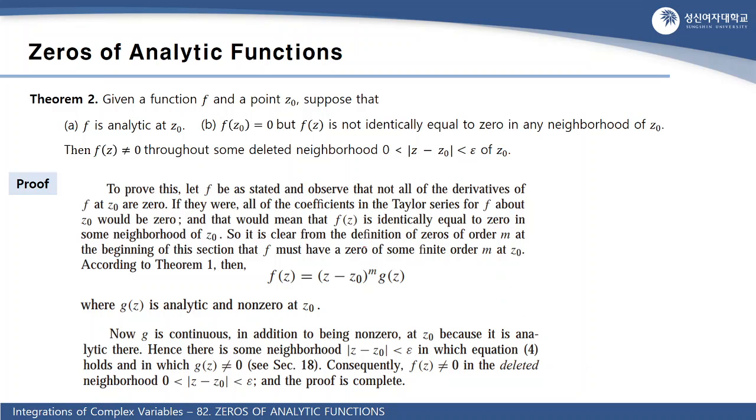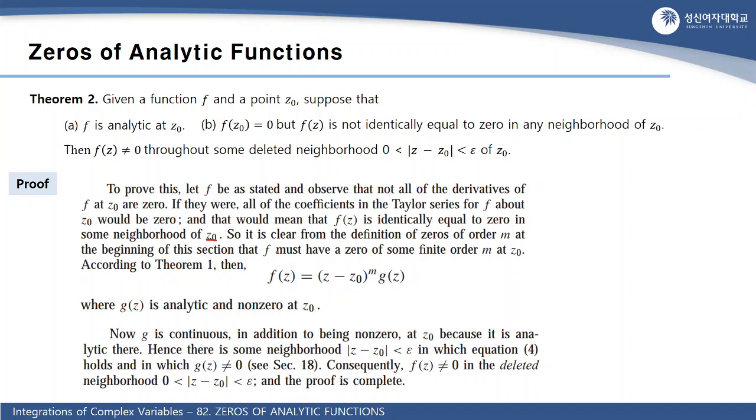To prove this theorem, let's first assume f is as stated and observe that not all of the derivatives of f at z₀ are 0. If they were, all of the coefficients in the Taylor series for f about z₀ would be 0, and that would mean that f(z) is identically equal to 0 in some neighborhood of z₀.